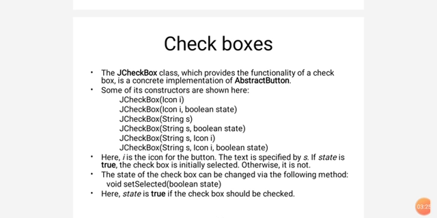If you are sending the particular path for a particular picture, then the image will be selected and displayed on the checkbox. Otherwise you can simply specify some text which should be displayed beside that checkbox, and also specify the state, checked or unchecked. Like this we can create checkboxes by using these swing components.